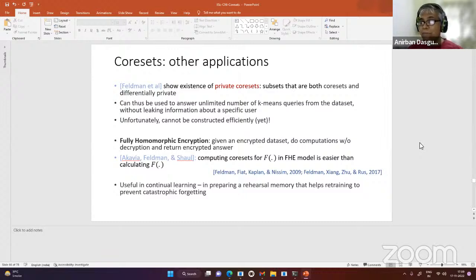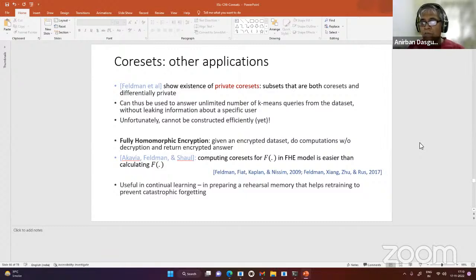What does that mean? Because it's a coreset, it can answer an infinite number of queries. Remember, a coreset is something that can give you an approximation for all the possible queries. But now what it means is that you're able to answer a whole lot of queries without paying an additional penalty for differential privacy.